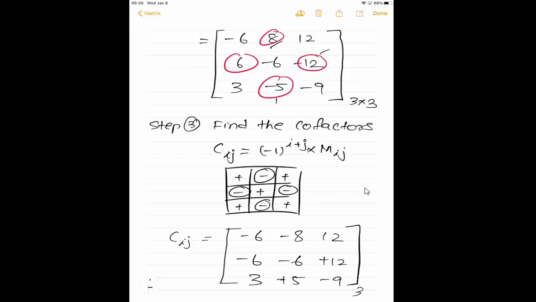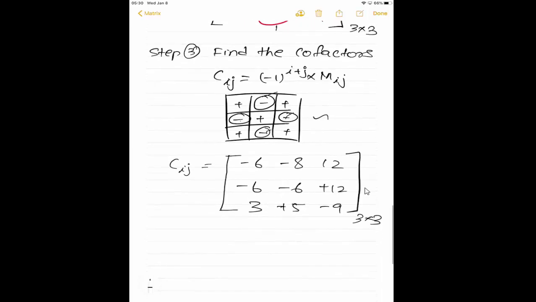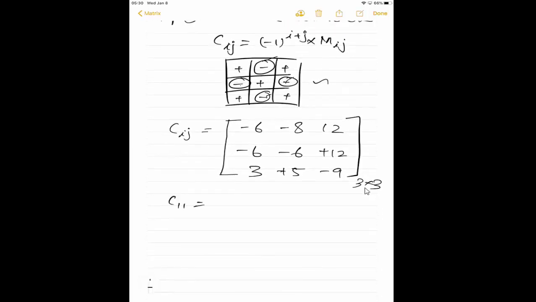So without solving step by step, directly we can write the cofactor matrix using the checkerboard. Make sure these 4 elements' signs are changed. If it is minus, we have to change it to plus. If it is plus, then we have to change it into minus. And this is a shortcut. I'm just writing for one step.